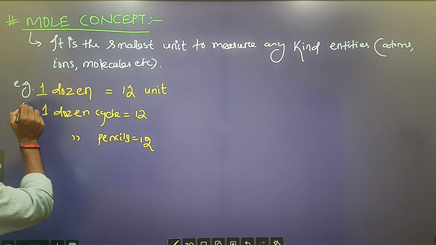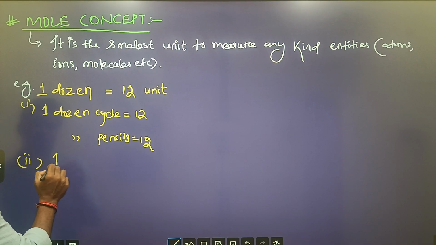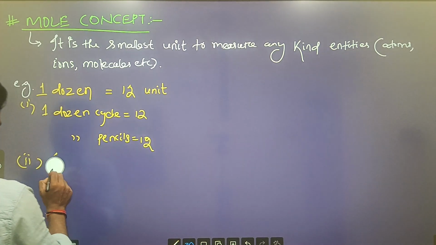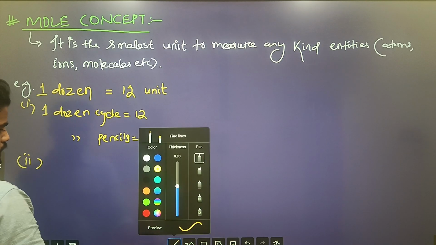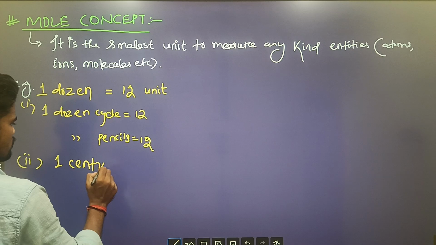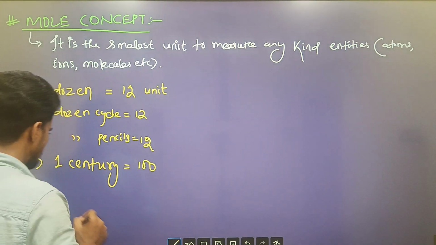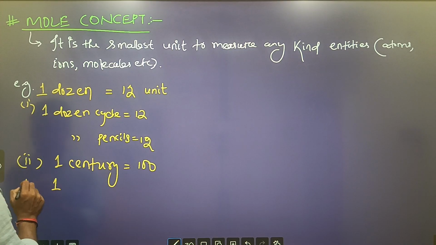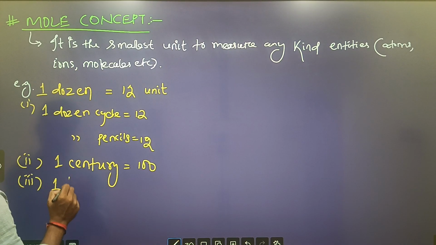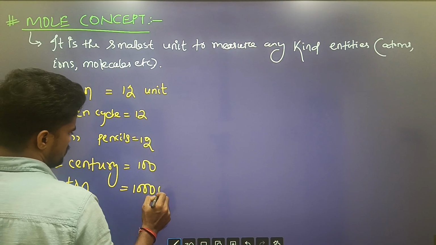One more example. If I tell you centuries, suppose MS Dhoni has scored a century. 1 century means 100. One ton means 1000 kg. Yes or no?